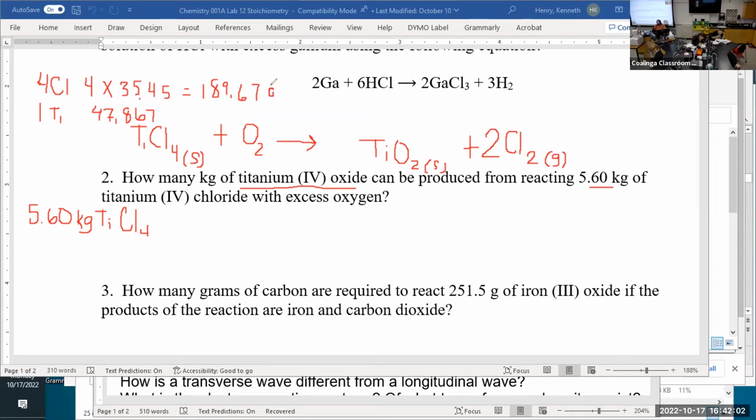And we know the units are in grams per mole, right?